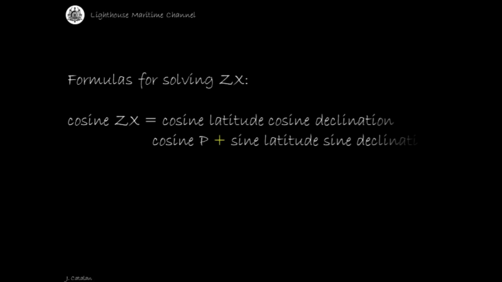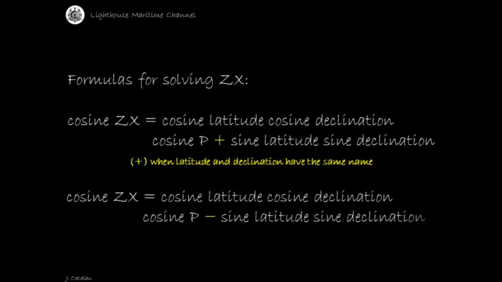Formulas for solving ZX. Cosine ZX is equal to cosine latitude multiplied by cosine declination multiplied by cosine angle P, added by the product of sine latitude multiplied by sine declination. Add when latitude and declination have the same name. Cosine ZX is equal to cosine latitude multiplied by cosine declination multiplied by cosine angle P, subtracted by the product of sine latitude multiplied by sine declination.